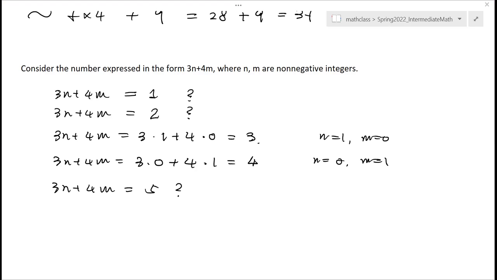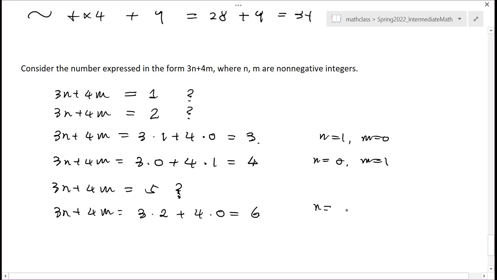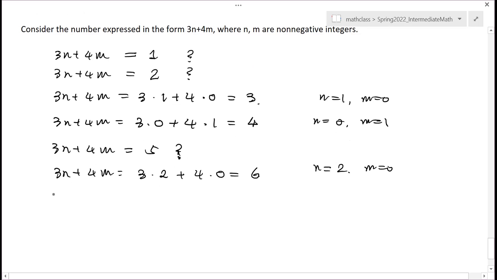So let's continue. How about 6? If I choose n equal to 2, I get 6. Then how about 7? 3 times 1 plus 4 times 1 equals 7. Yes, that's great. Then how about 8?